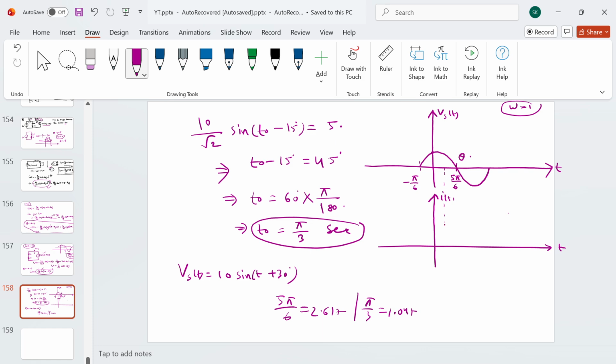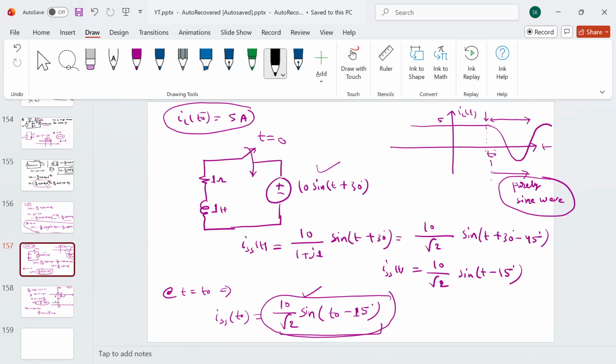So somewhere here, let's say, this is pi by 3. Before pi by 3 it was 5 ampere, and after pi by 3 also it will be 5 ampere. But now for the current waveform expression, since the transient current will simply vanish, you will have this particular current waveform.